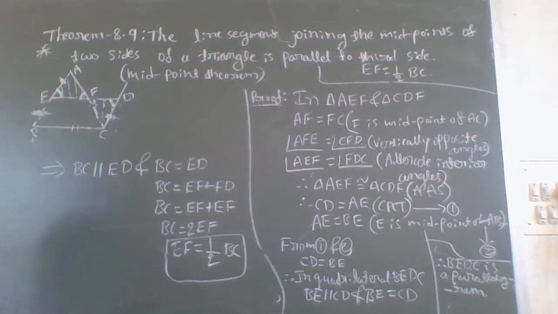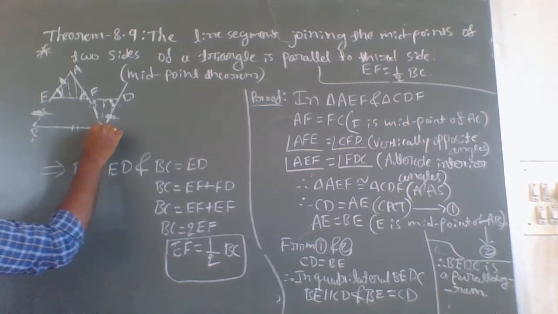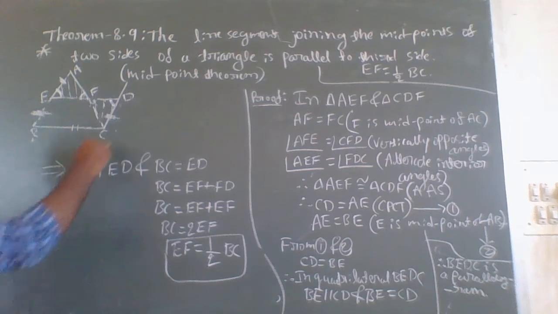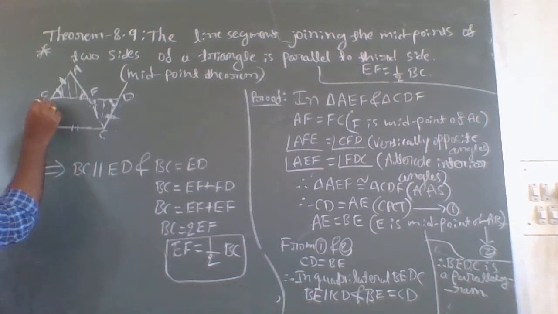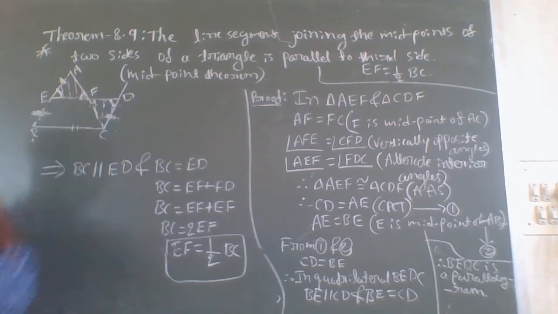This is given, and we have to prove EF is parallel to BC. And next, the construction: we have to draw a line through point C in such a way that this line is parallel to AB, and we have to extend this EF to get point D. So this is the construction.